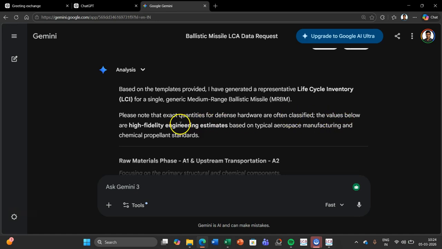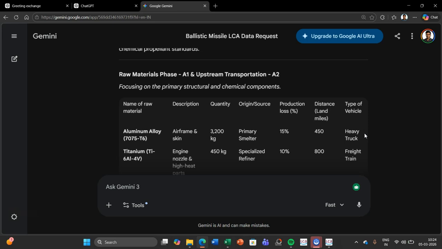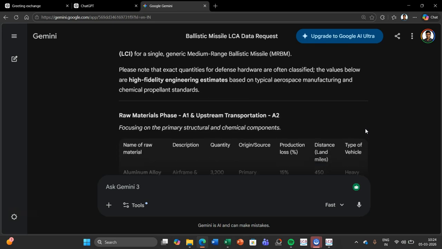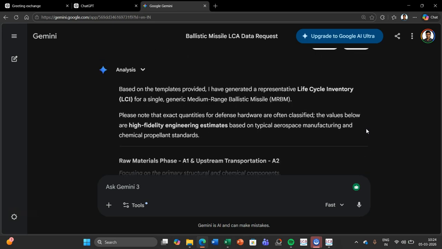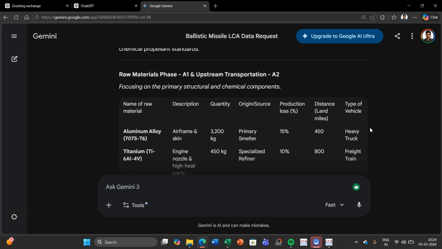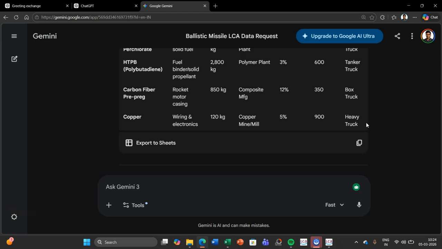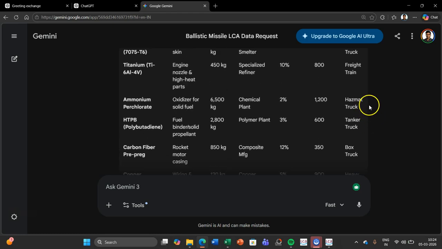So the values below are high fidelity engineering estimates based on typical aerospace manufacturing and chemical propellant standards. So it's a huge disclaimer that these data are representative and estimate-based. They are not the very actual representation of the production, but still they are the closest possible approximation.